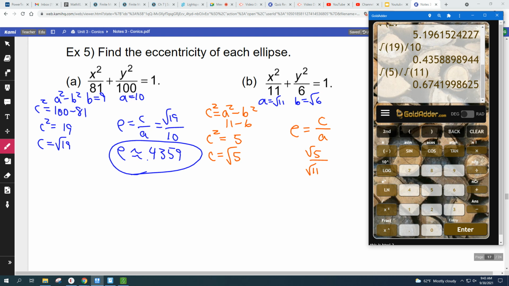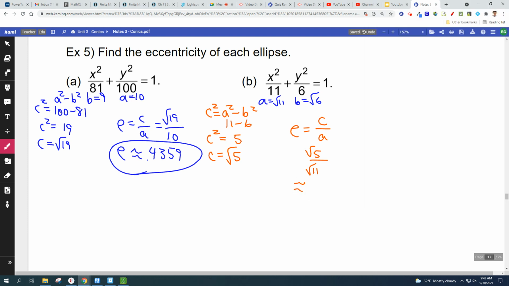About 0.6742. And so when we compare those two numbers that we just found, or two answers, we can tell which one is closer to round, which one is a better, which one is closer to round.